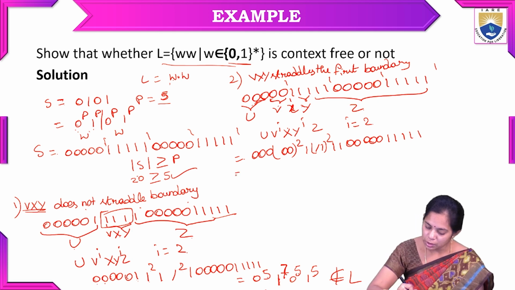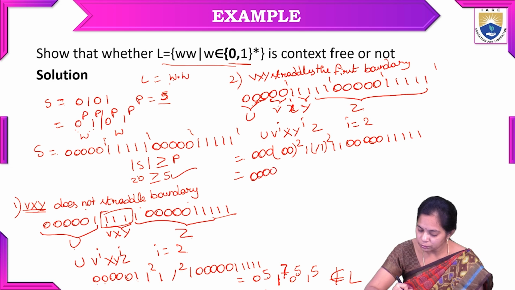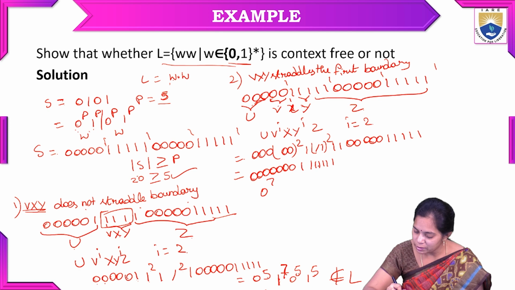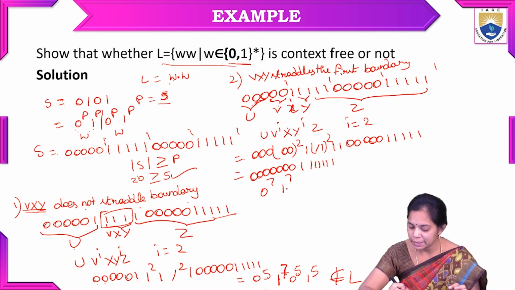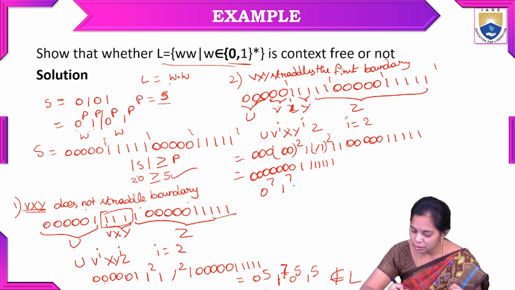After that what we got is 0 power 7 and 1 1 1 1 1 1 1. So how many ones are there? 0 power 7, 1 power 7, and here 0 power 5 and 1 power 5.